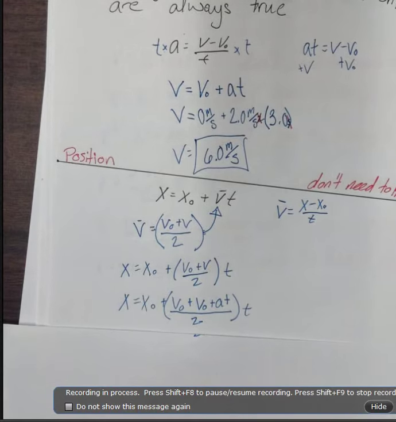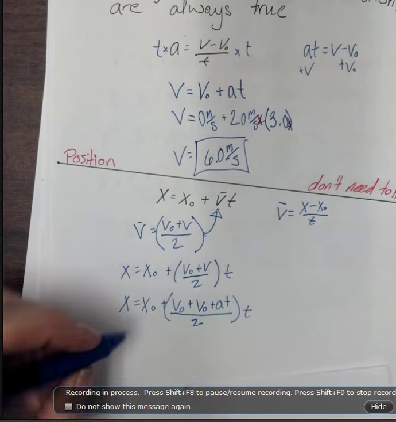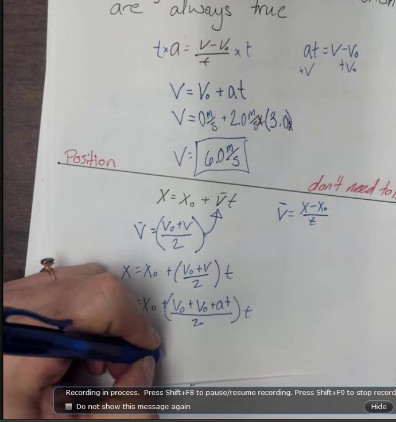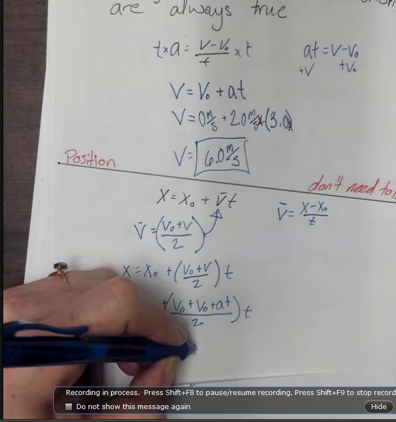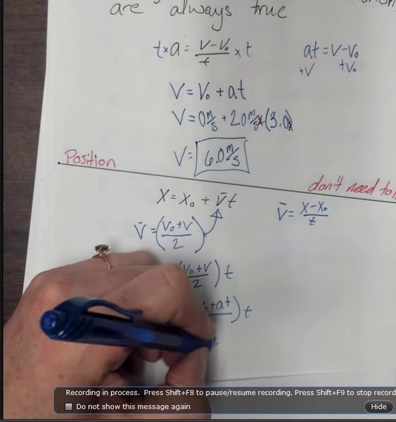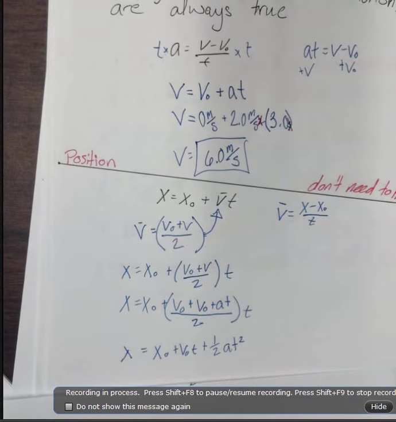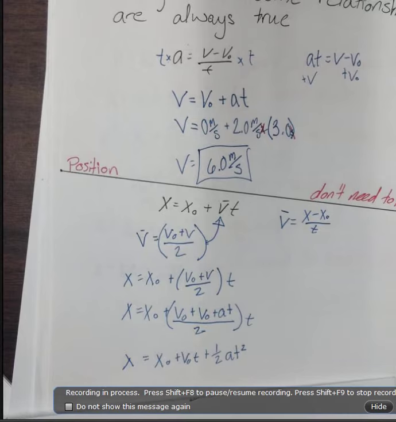And if I reduce this equation enough, I'm going to get x equals x naught plus v naught t plus 1/2 a t squared. That's what it equals. And this equation is valid under constant acceleration.